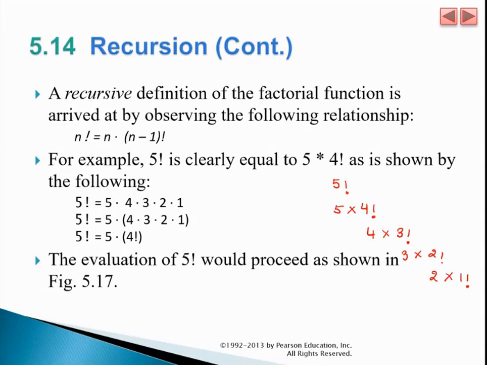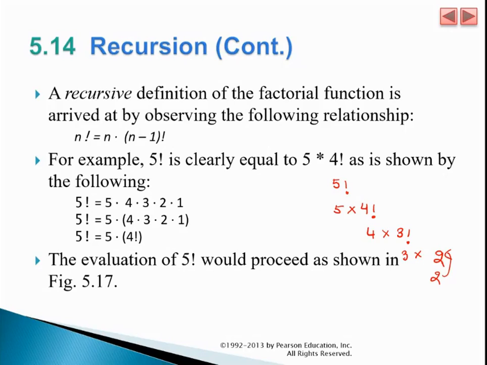When we reach 1 factorial, we can consider this as a base case. What will 1 factorial return? 1. 1 factorial will return 1. So this 1 factorial will get replaced by 1, and this entire thing will become 2, right? And 2 factorial is actually 2, so this will get replaced by 2.